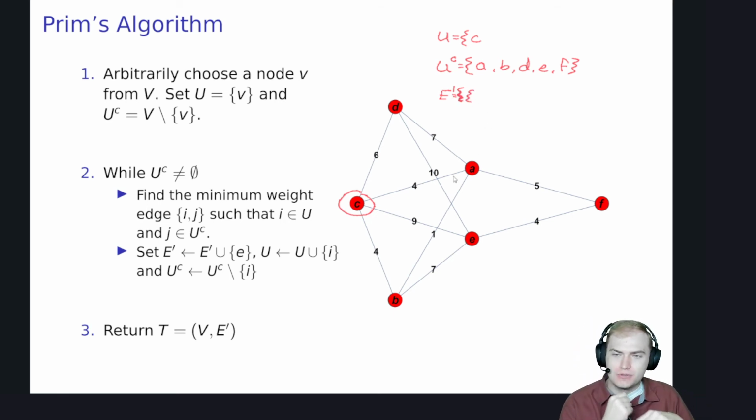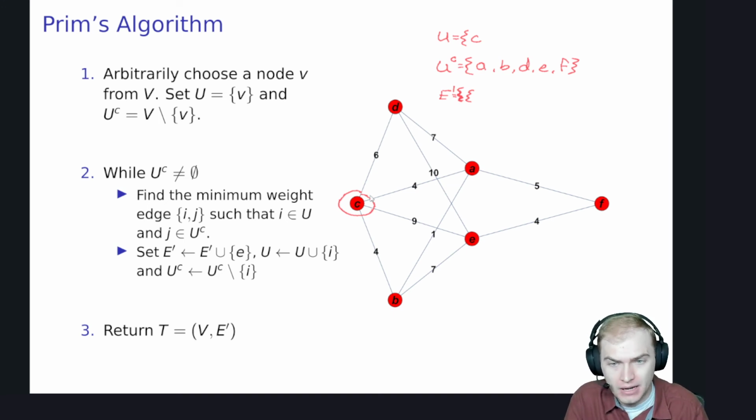And then we're going to find the minimum weight edge that passes from U, the set, which in this case is just C, to anywhere else in the graph. From U to U complement. In our case, that's any of these edges.